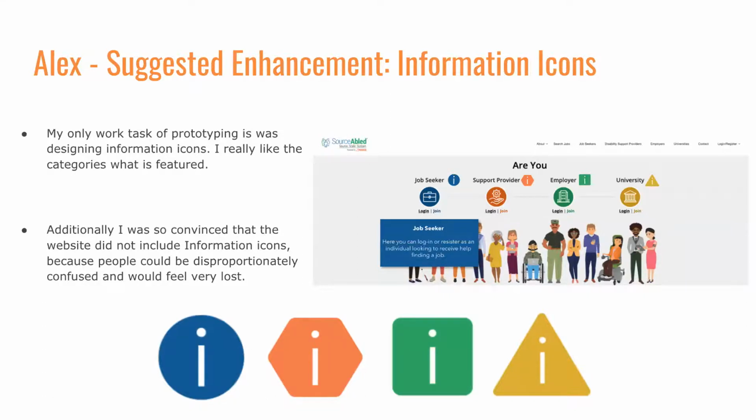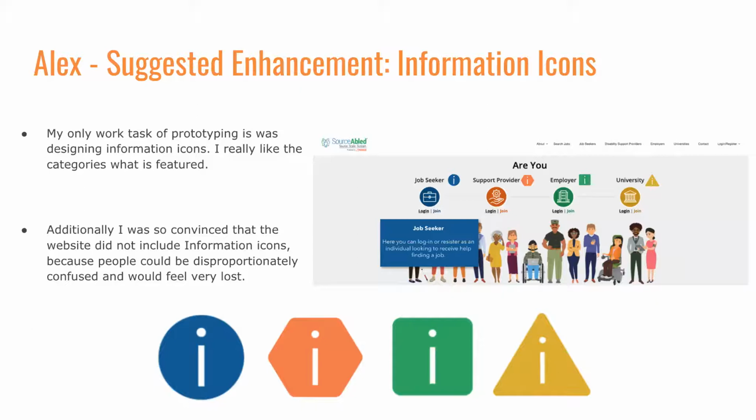So my only work task of prototyping was designing some information icons. I really like the categories, what's featured. I was so convinced that the website did not include any information icons, and because of that, people could be very confused, and they would feel very lost.